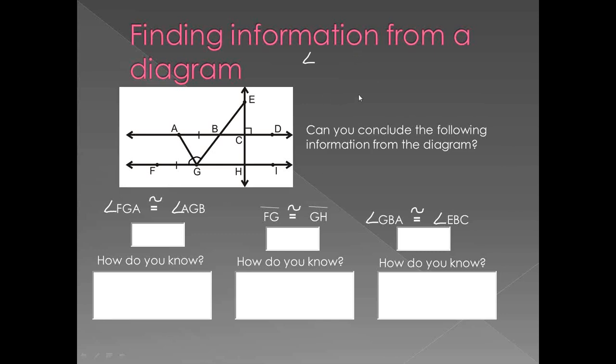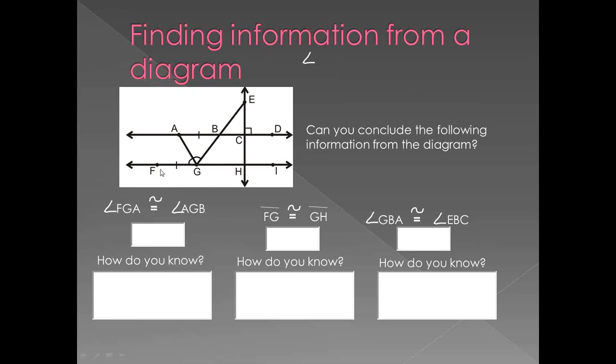Now this is something that a lot of students get wrong on the assignment that goes with this chapter. Whenever you have a picture, you have a lot of markings with the picture.